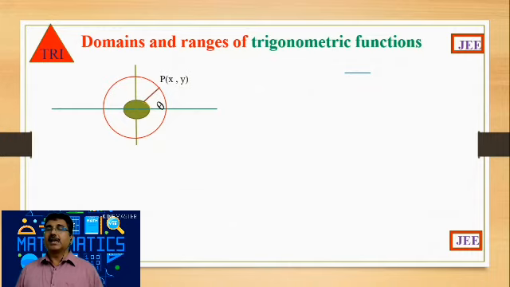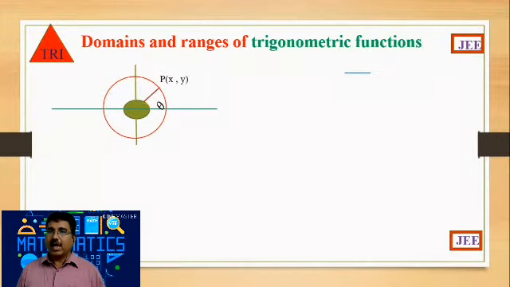Consider a circle with the center at origin and radius 1 unit. Let P(x, y) be any point on the circle and OP makes an angle theta with the positive direction of x-axis.